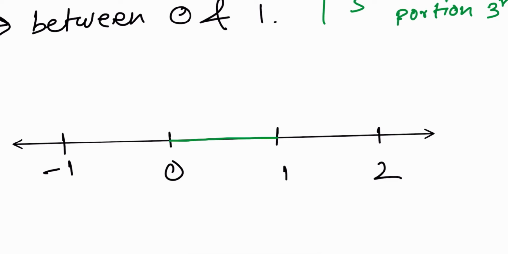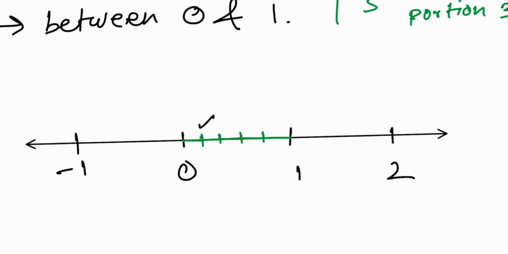Let's divide it: 1, 2, 3, 4. Now it is divided into 5 equal parts. So we have to make 4 cuts to get 5 equal divisions.